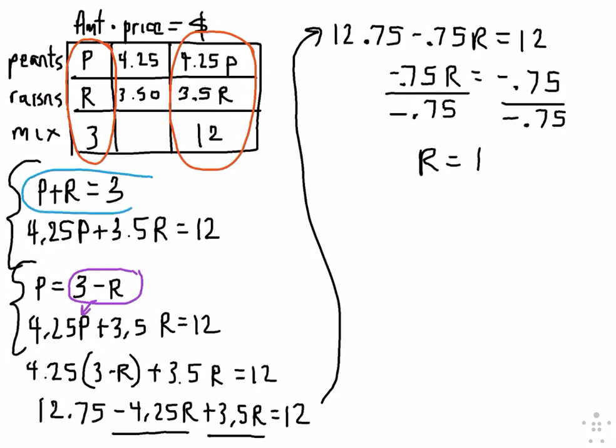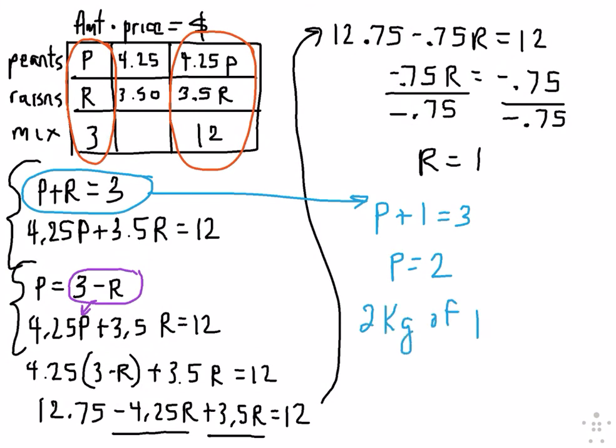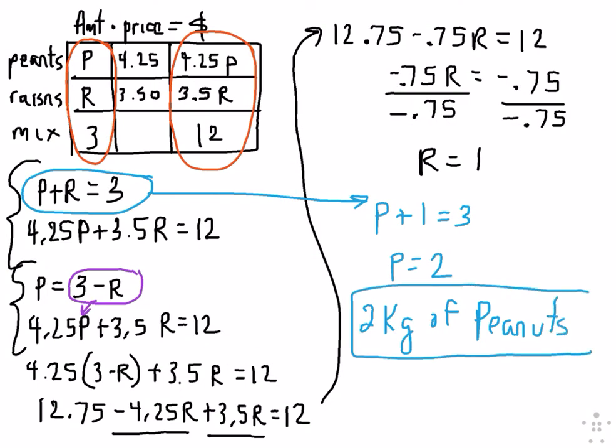So I'm going to take this equation, and I'm going to say P plus R, which is 1, equals 3, so P equals 2. So the amount of peanuts is 2 kilograms, right? And if the question asked for how many raisins, it would be right here, which is 1 kilogram of raisins.